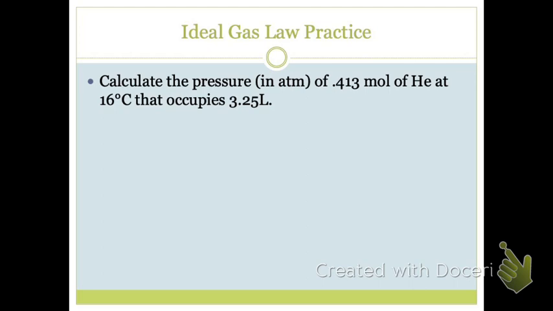So this says calculate the pressure in atmospheres of 0.413 moles of helium at 16 degrees that occupies 3.25 liters, excuse me. So I'm going to make my list, okay? Calculate the pressure. That's going to be my question mark. 0.413 moles, so that's n.